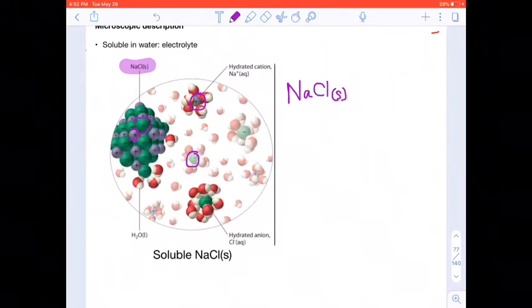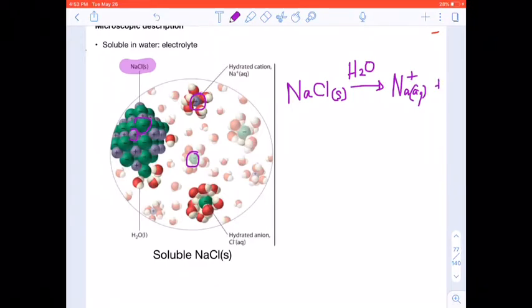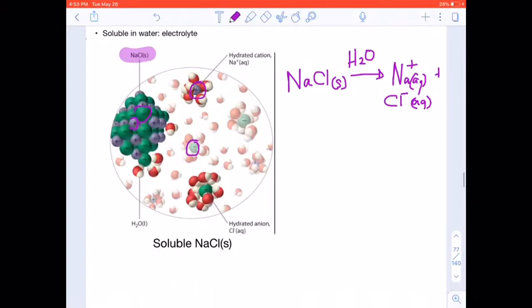And then we had water, and we see that we have Na+ aqueous, indicating that it's hydrated, and Cl- aqueous, which is also hydrated. So since it dissolves, we have ions in solution.